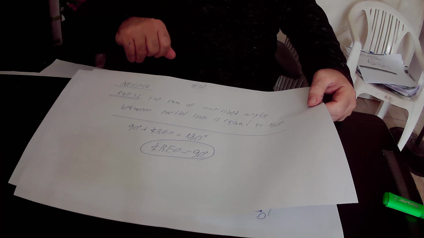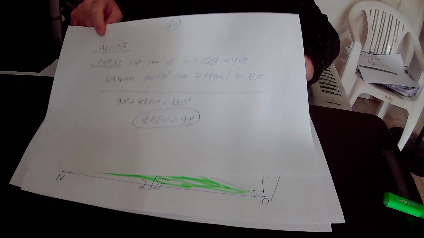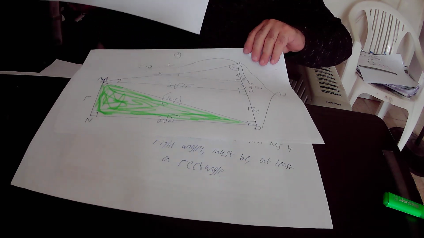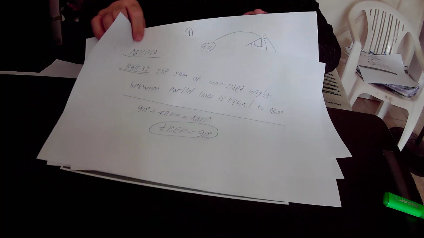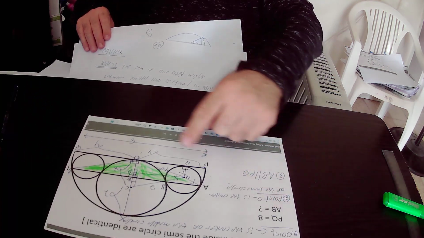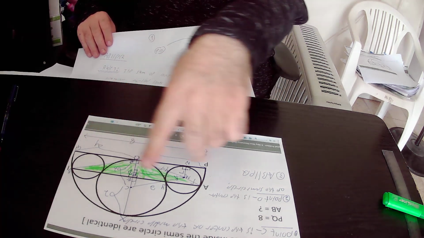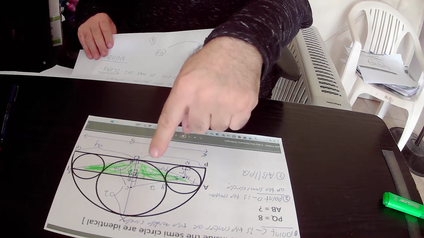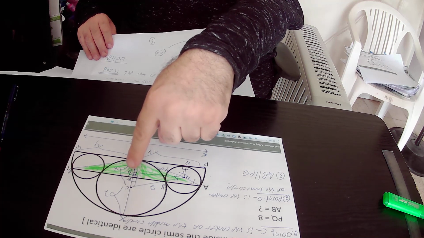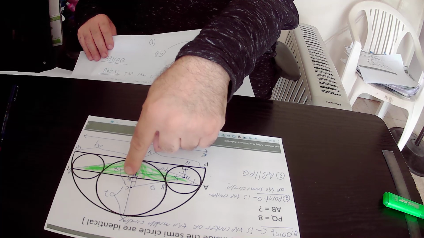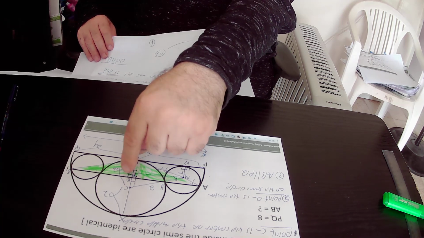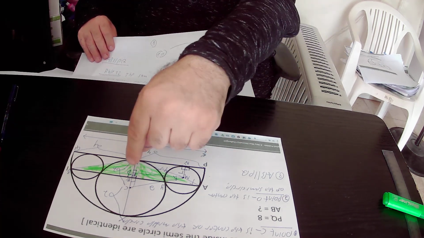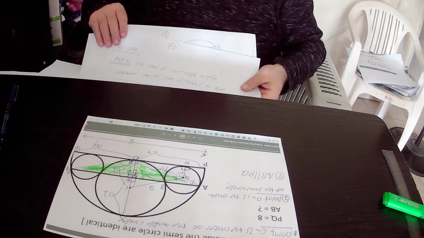Therefore, 90 degrees plus angle BED must be equal to 180 degrees because those two angles are located between the parallel lines PQ and AB.